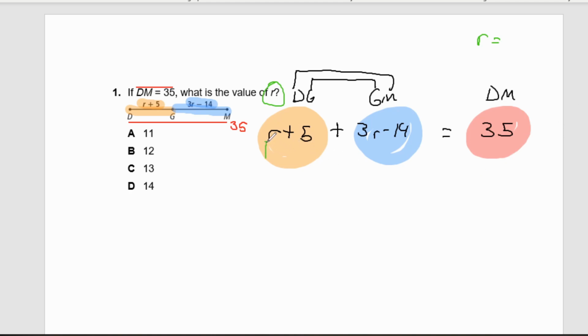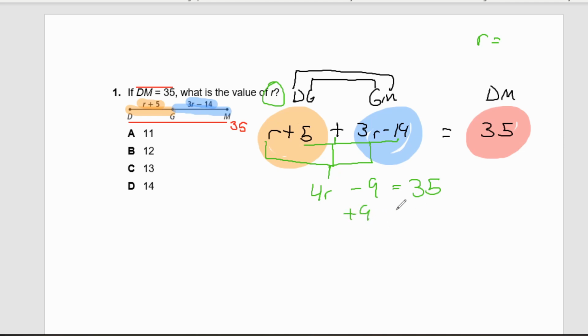Here I have R plus 3R, which will give me 4R. And then here I have 5 plus negative 14, which is going to be negative 9. And nothing has changed here, so I'm just going to bring it down.